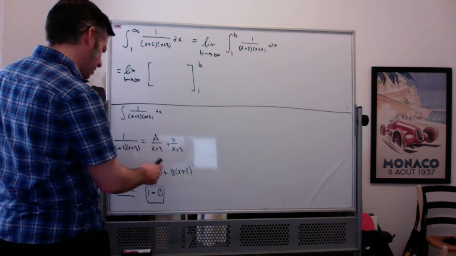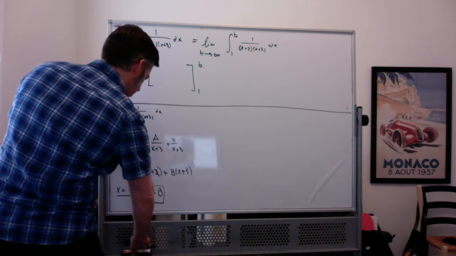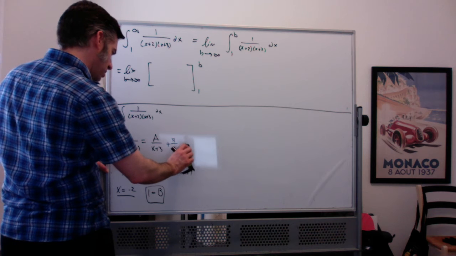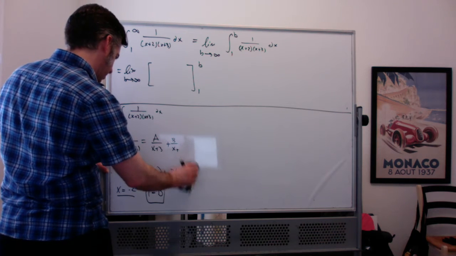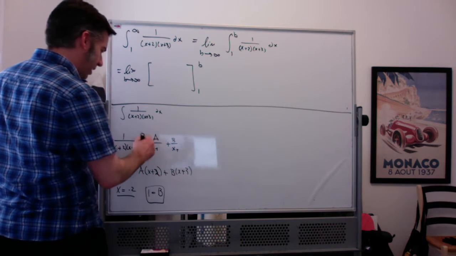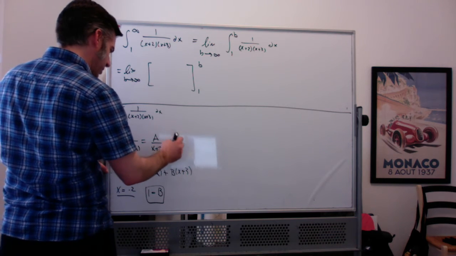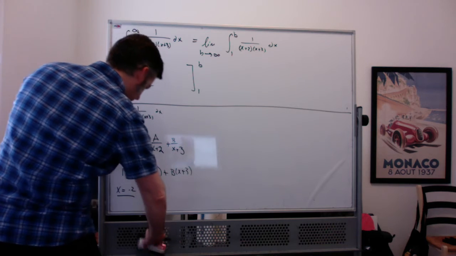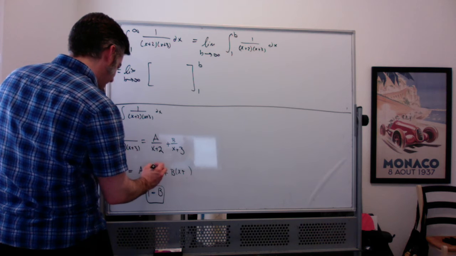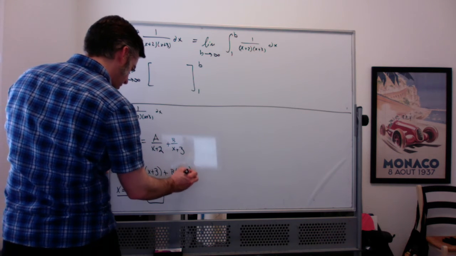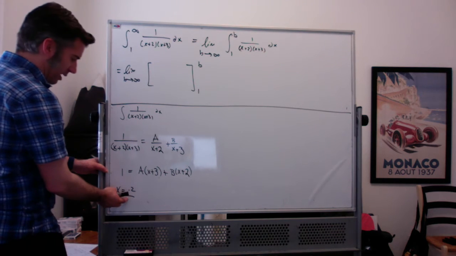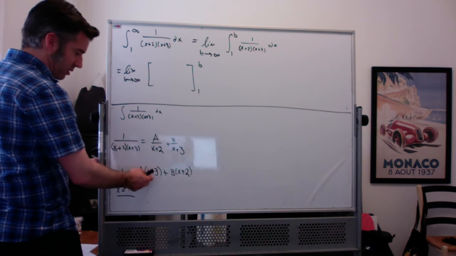I feel like I made a small error here. Let me just make sure I'm not doing something really dumb. Okay, let's be a little bit careful. I have a over x plus 2 plus b over x plus 3. Sorry, I got those a little bit backwards. Apologies. It's a times (x plus 3) plus b times (x plus 2). So when x equals negative 2, you get a times (negative 2 plus 3).